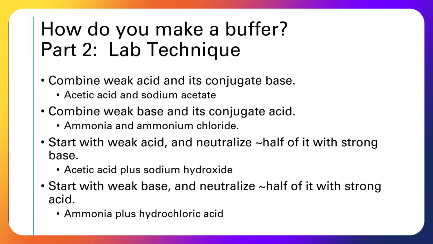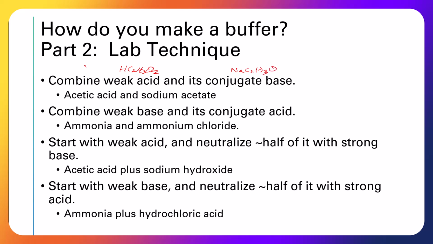So how do you make a buffer? In lab, well, the easiest way would be, let's say you go to the chemical shelf and you get yourself, let's say in this case, some acetic acid, HC2H3O2, and you get the salt of its conjugate base, sodium acetate, which you might also find on the chemical shelf.